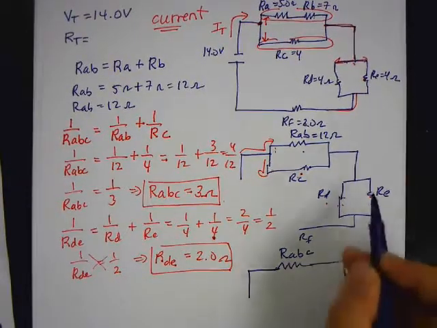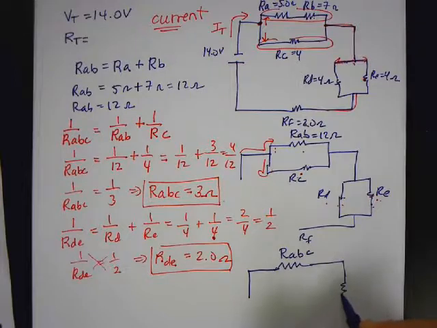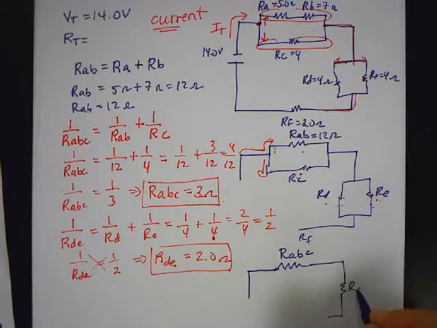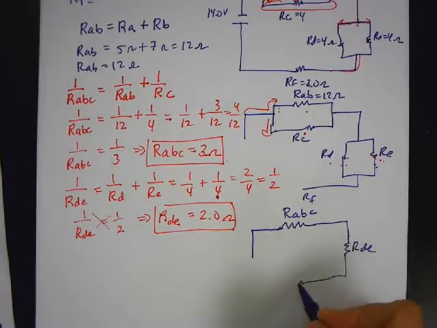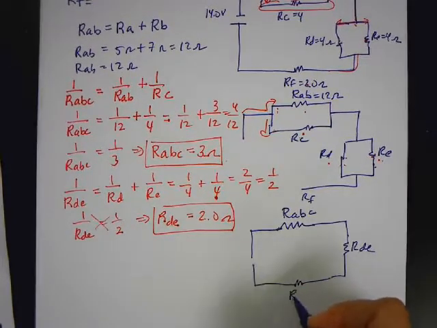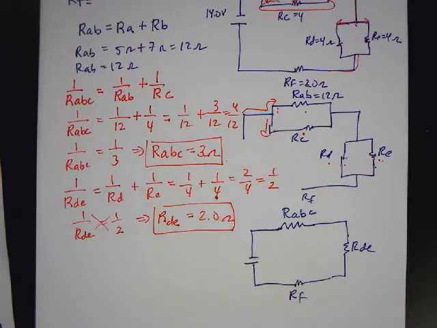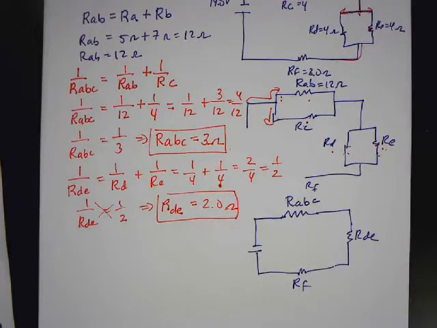Then I'm going to replace D and E with my equivalent resistor I had called RDE. And then I didn't touch RF. So these are called intermediate schematic diagrams because our goal is to just get one equivalent resistor. Does that make sense?